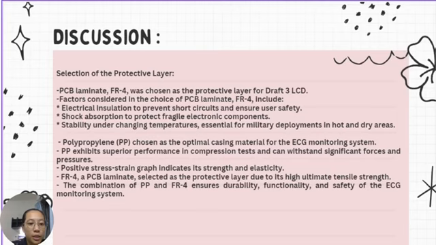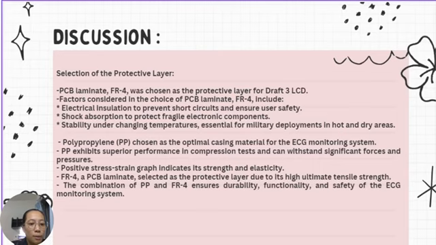Factors considered in the choice of PCB laminate FR4 include electrical insulation to prevent short circuit and ensure user safety, shock absorption to protect fragile electronic components, and stability under changing temperature, essential for military deployment in hot and dry areas.